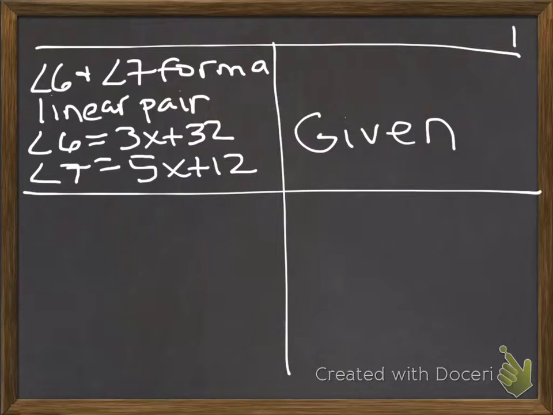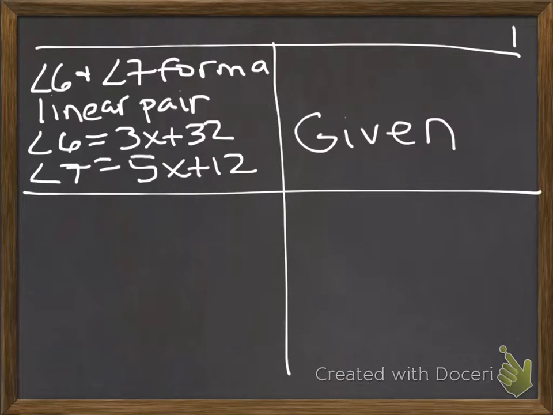Then if you look through the lesson here, you're going to see that we have two new theorems, which are called the supplement and the complement theorem. So that basically says that if you have two angles that form a linear pair, they're always going to be supplementary. And with that same idea, if you have two adjacent angles that form a right angle, the angles are going to be complementary.